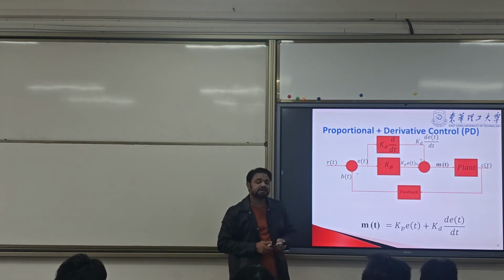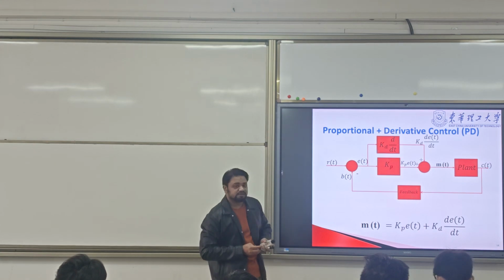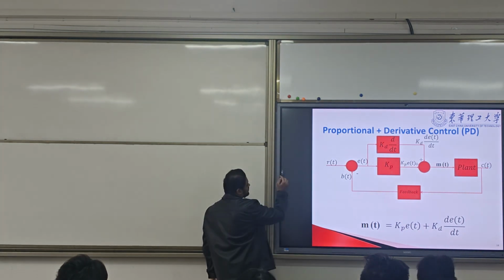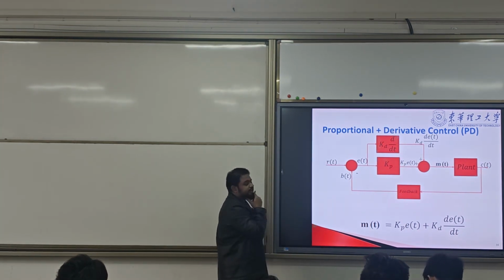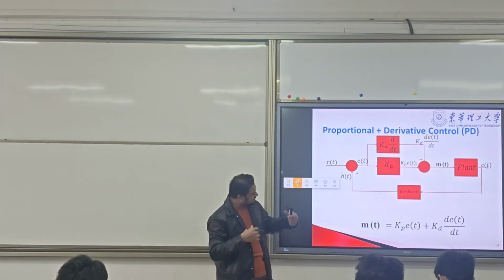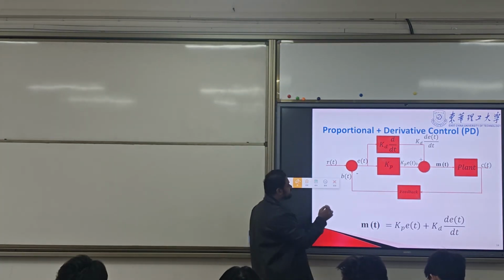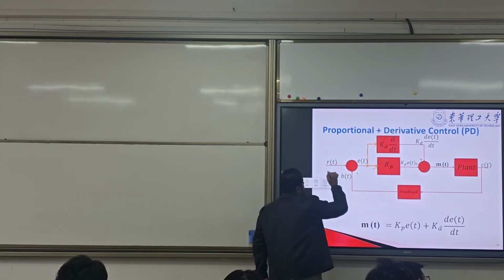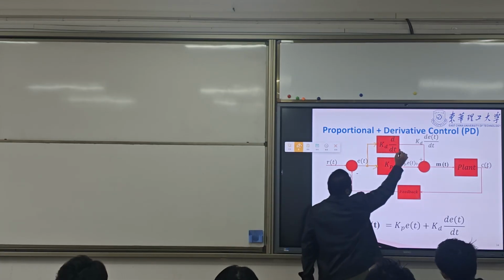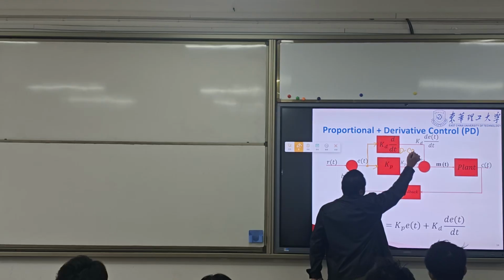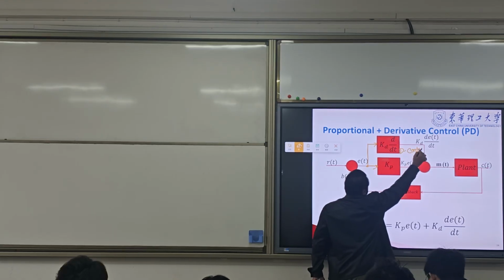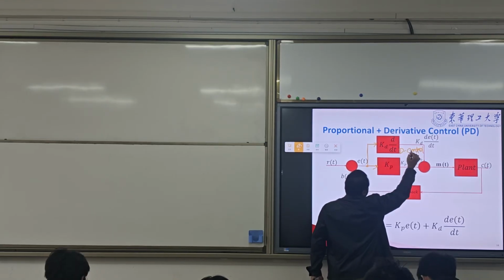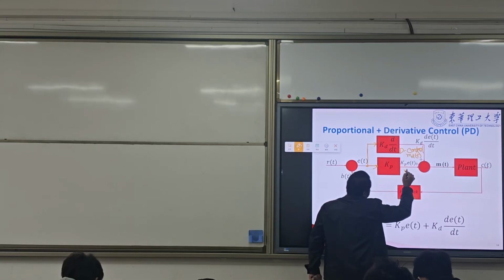Alright, the next one is the derivative control, PD. So in PD, again the same thing will happen. Here, this point will send both. But now here we have D control. D control will give you MDT, and this is MPT.